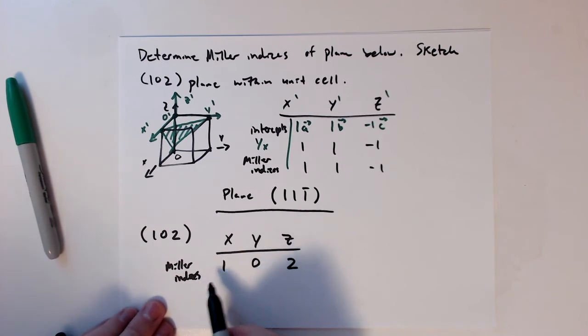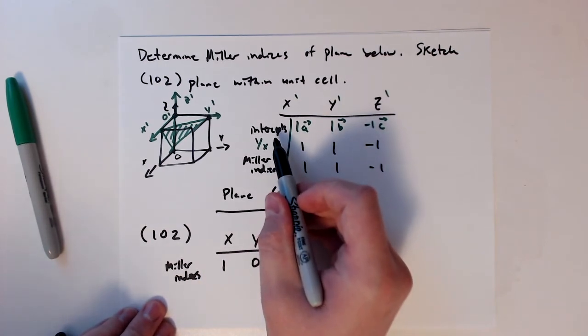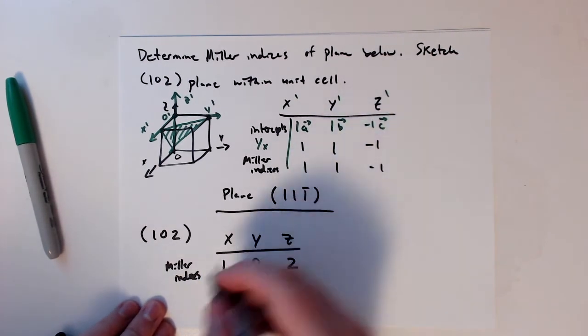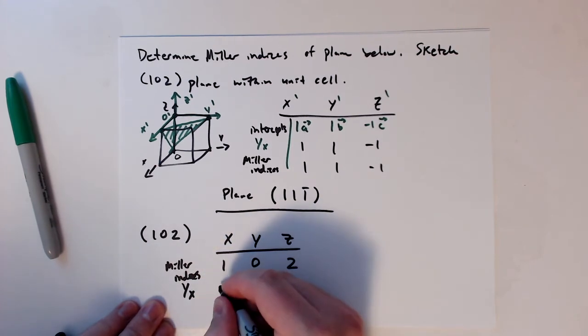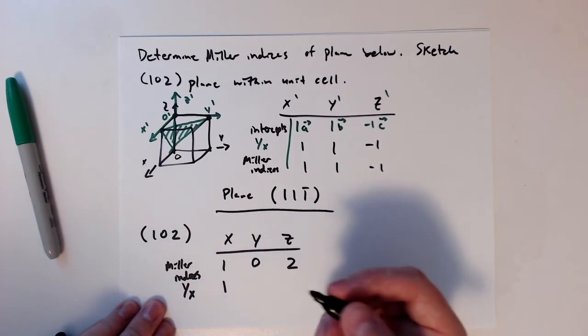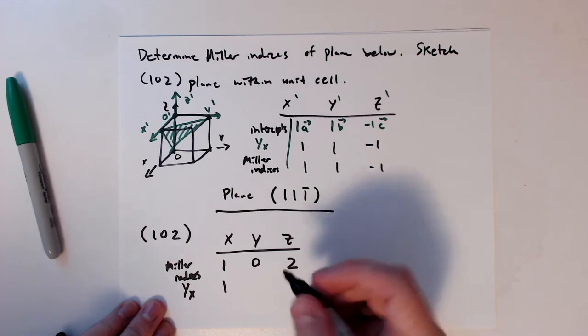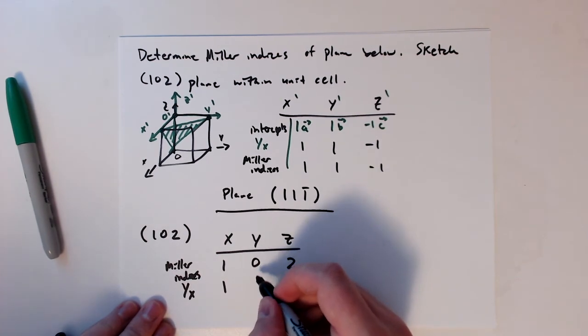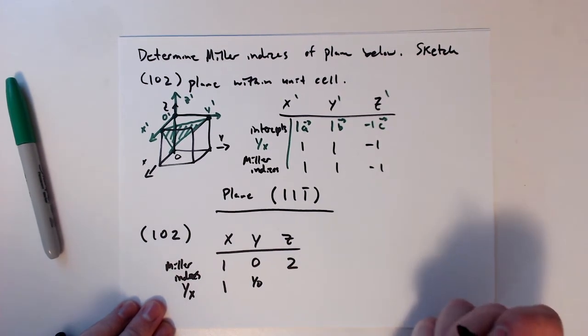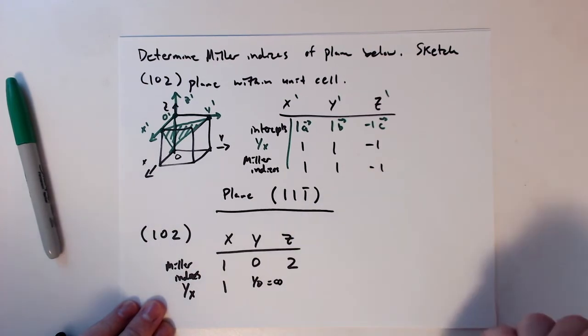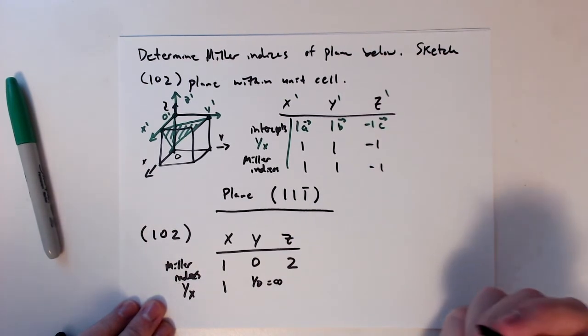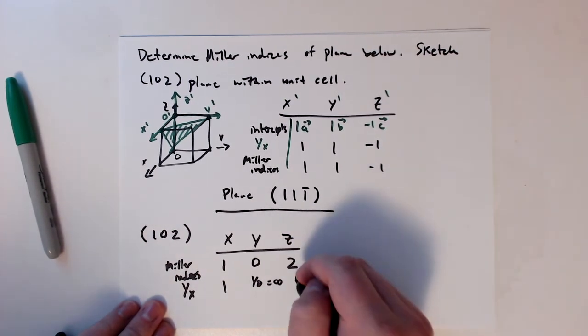If I want to get my intercepts, then it's still going to be taking a reciprocal, right? So if I take the reciprocal of these numbers, the reciprocal of 1 is still 1, the reciprocal of 0, so basically 1 over 0, is infinity, and the reciprocal of 2 is going to be 1/2.